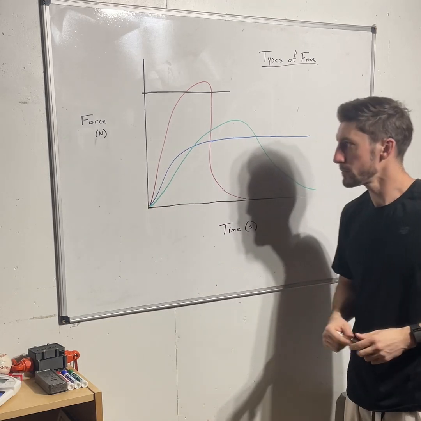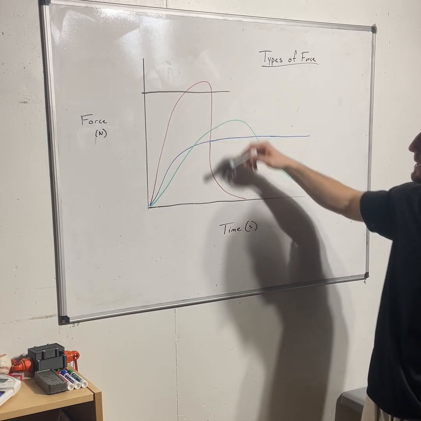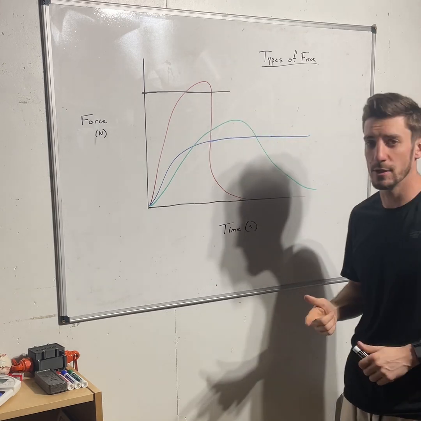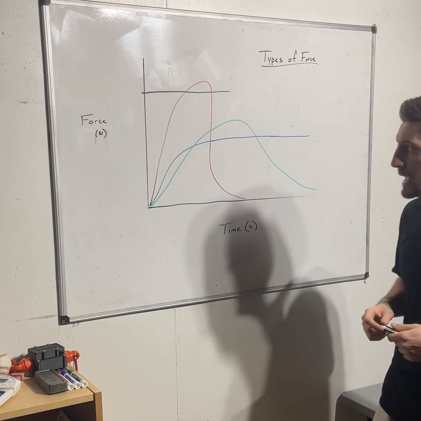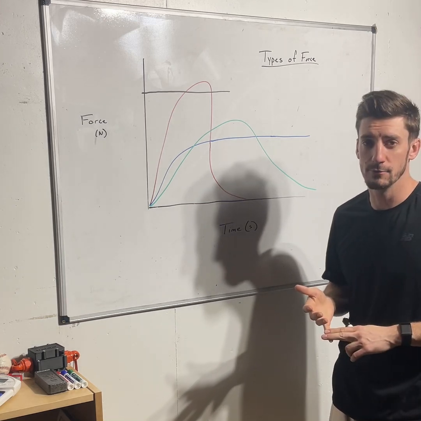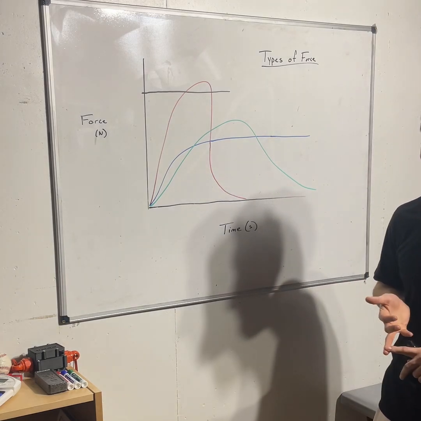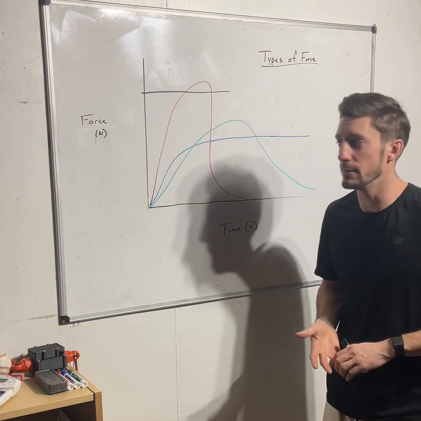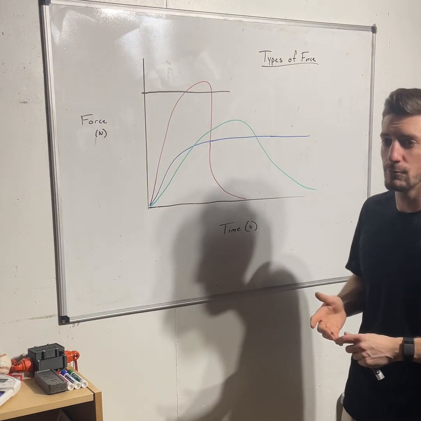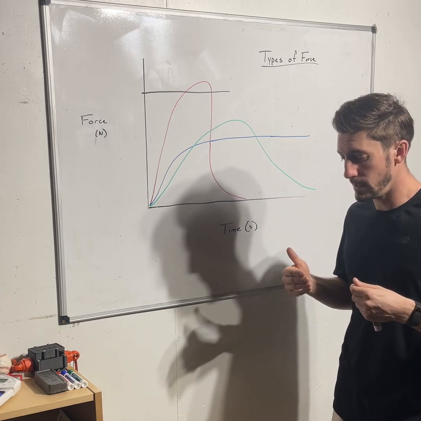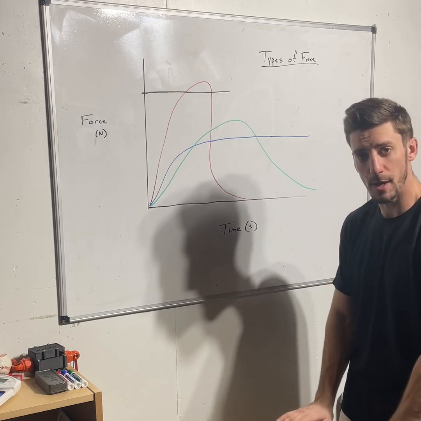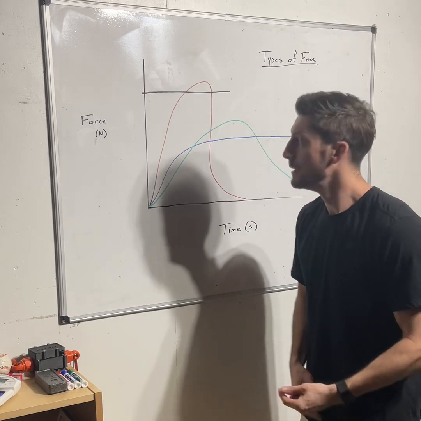Okay? So this first red line here, this would be impact or impulse. This can be thought of or pictured as maybe a car accident in real life or falling off of a building in real life. In rehab, it could be jumping off of a short box and landing.